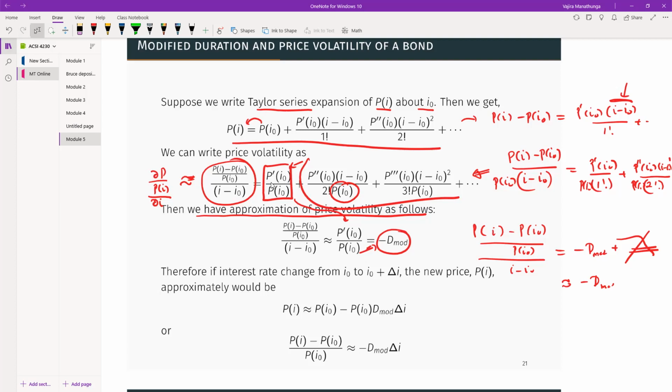If you cross multiply, let me cross multiply here. This one you can actually write as delta I, so let me erase that and write delta I. And here it is approximately equal to the negative value of the modified duration. So now you can multiply.